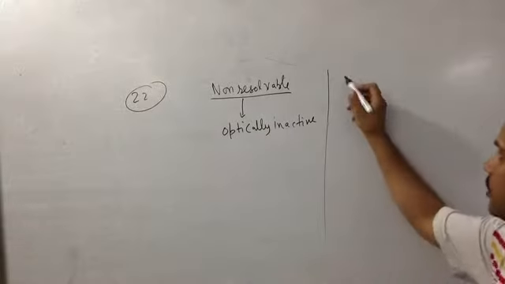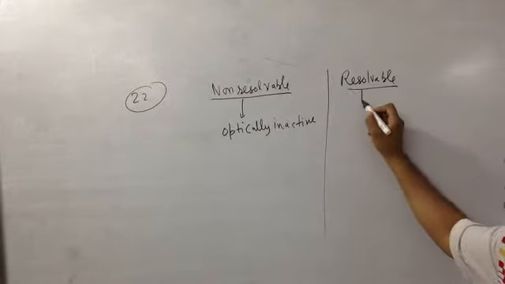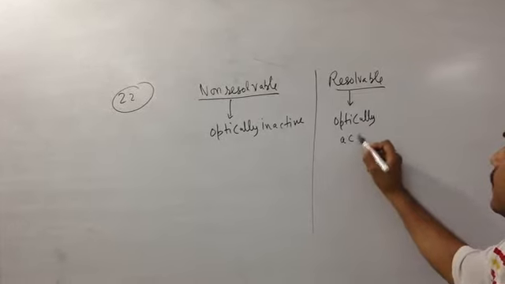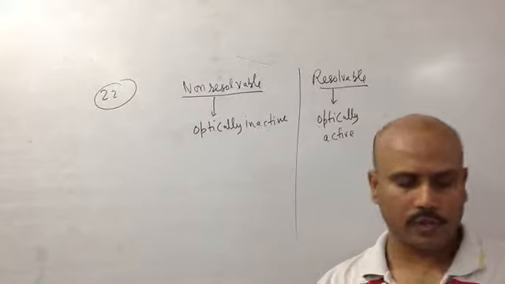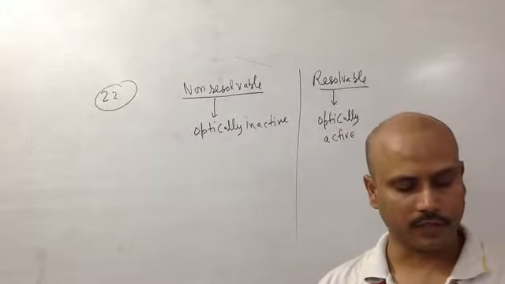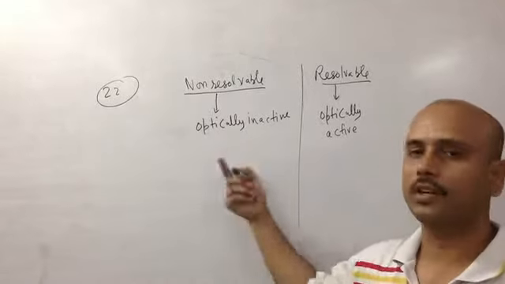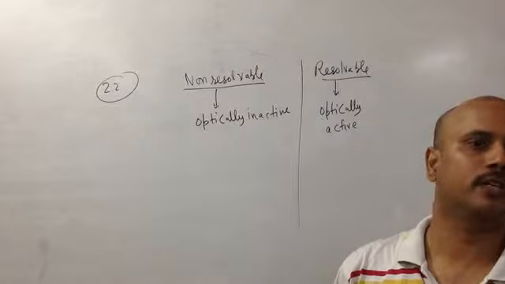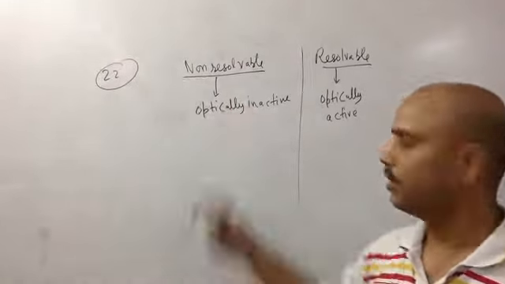If the compound is resolvable, it is optically active. Now, in question number 22, you have to find out which of the following is non-resolvable, that is, which is optically inactive. You know, any compound which has planar symmetry or point symmetry or any type of symmetry will be non-resolvable.